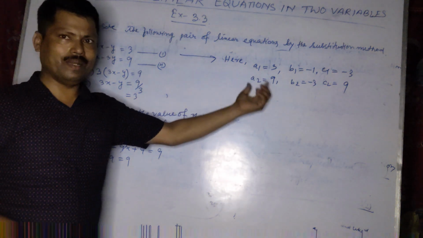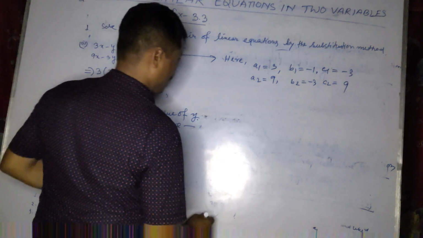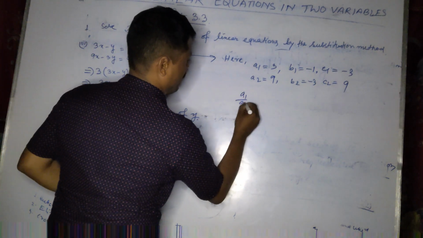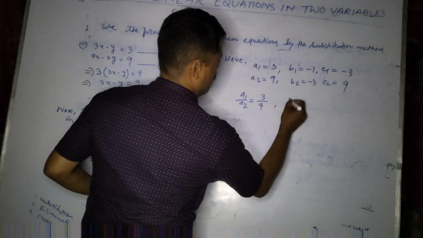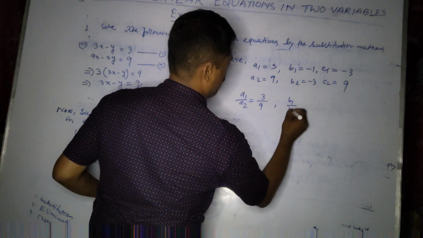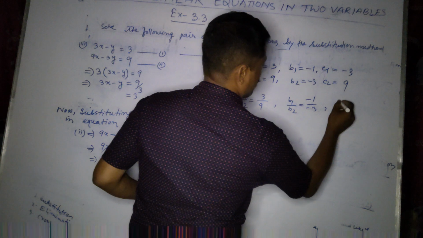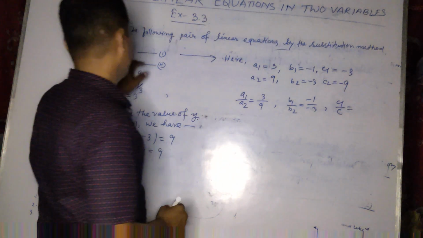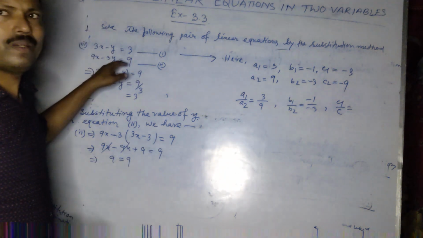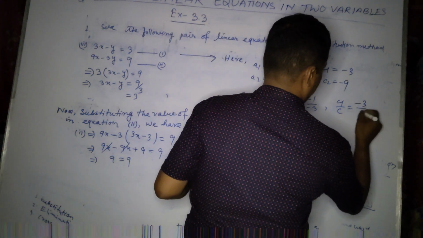So we have to find the ratios of the coefficients of x and y. a1 by a2 is equal to 3 by 9, b1 by b2 is equal to minus 1 by minus 3, and c1 by c2 is equal to minus 3 by minus 9.